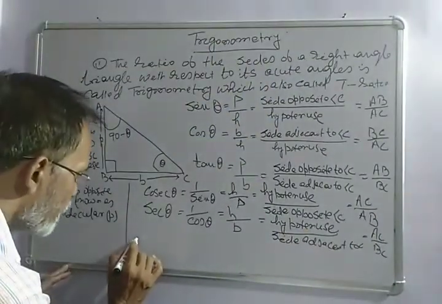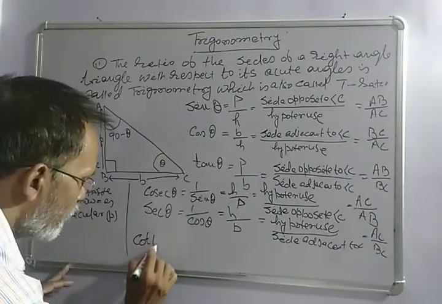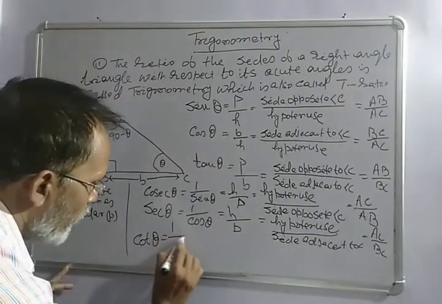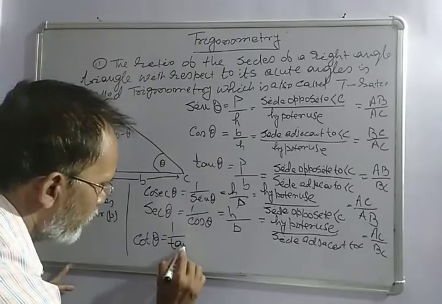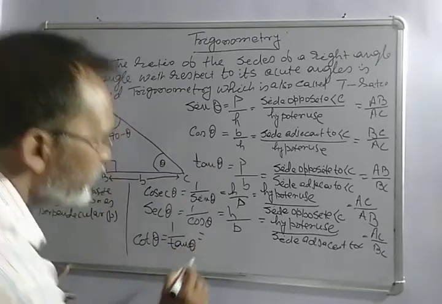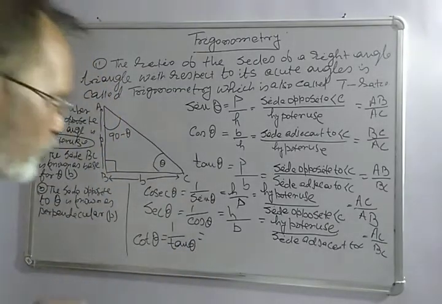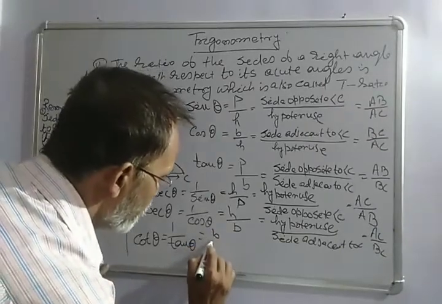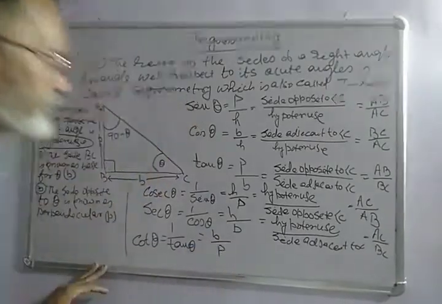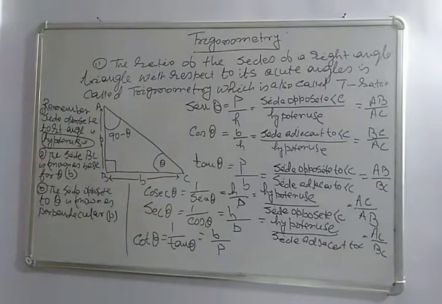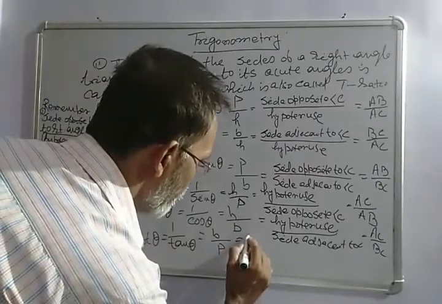Then cot theta is equal to 1 by tan theta. 1 by tan theta is equal to B by P. So B by P is equal to BC by AB.